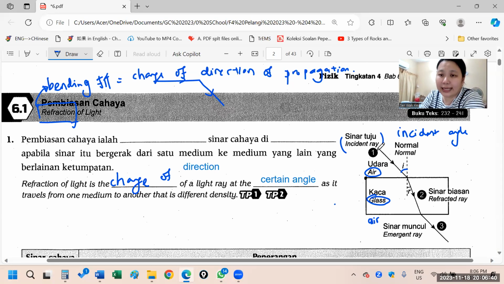Okay, then when the light goes into another medium, this is the angle of refraction, or refracted angle. Okay, so this light bends to a certain angle, and then when it comes up again from another side of the glass, we call it the emergent ray. Okay, can remember the names already?